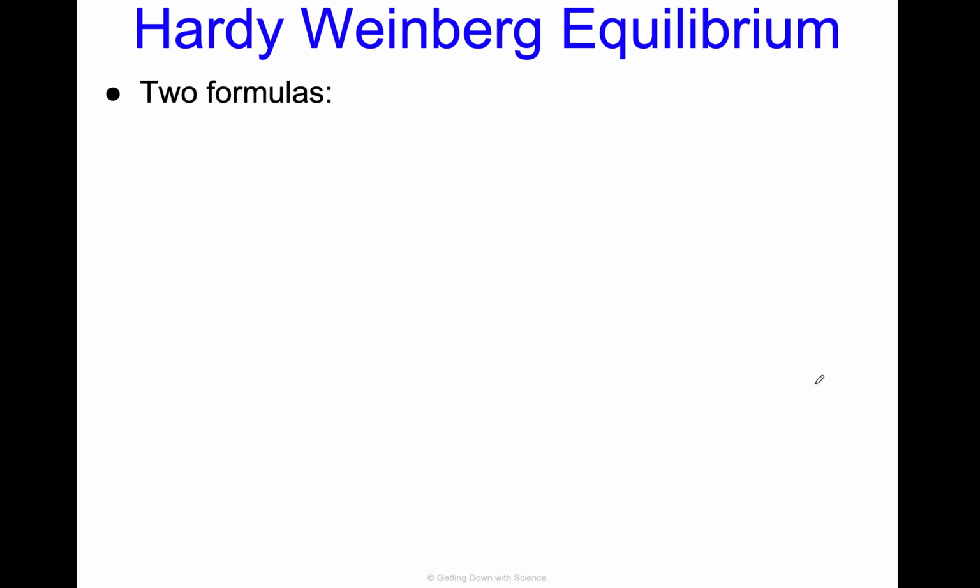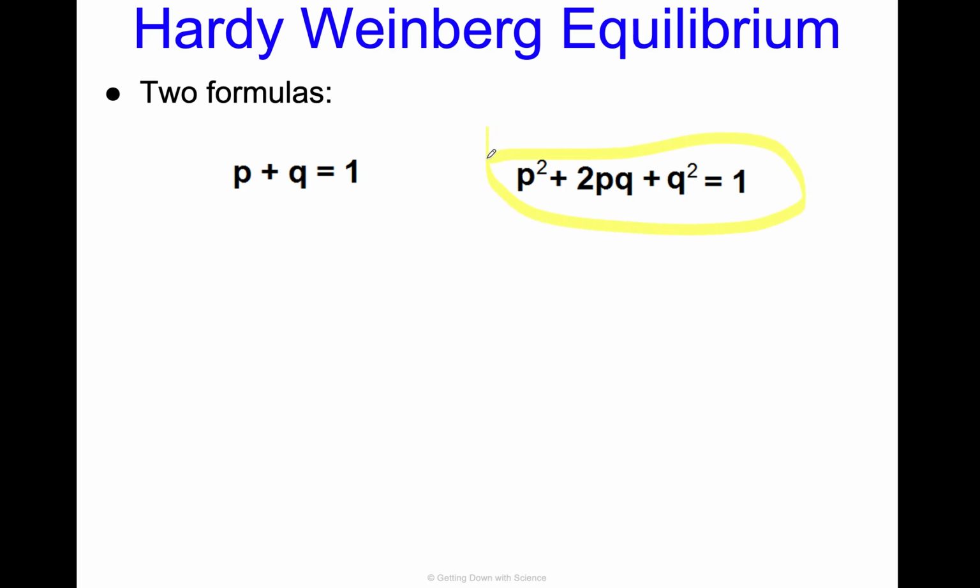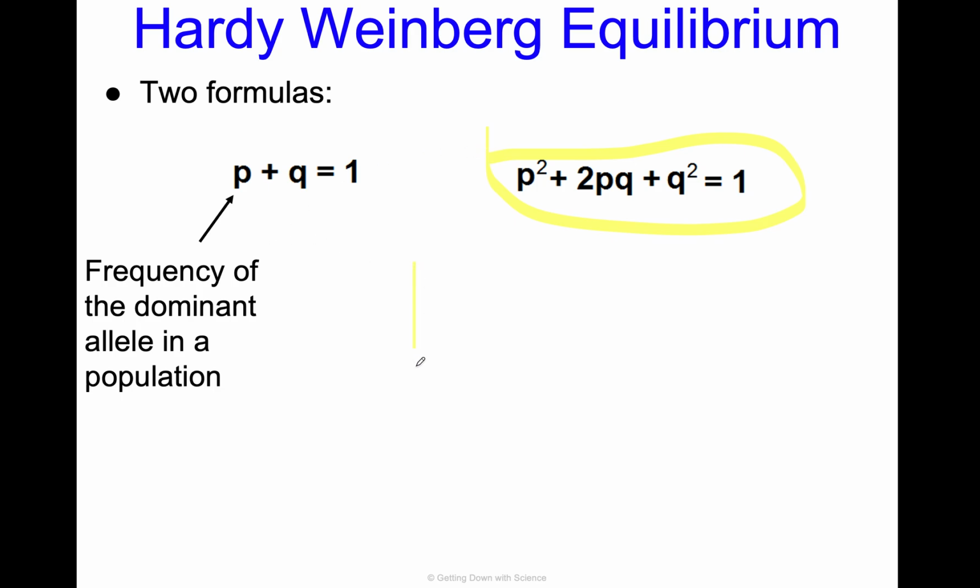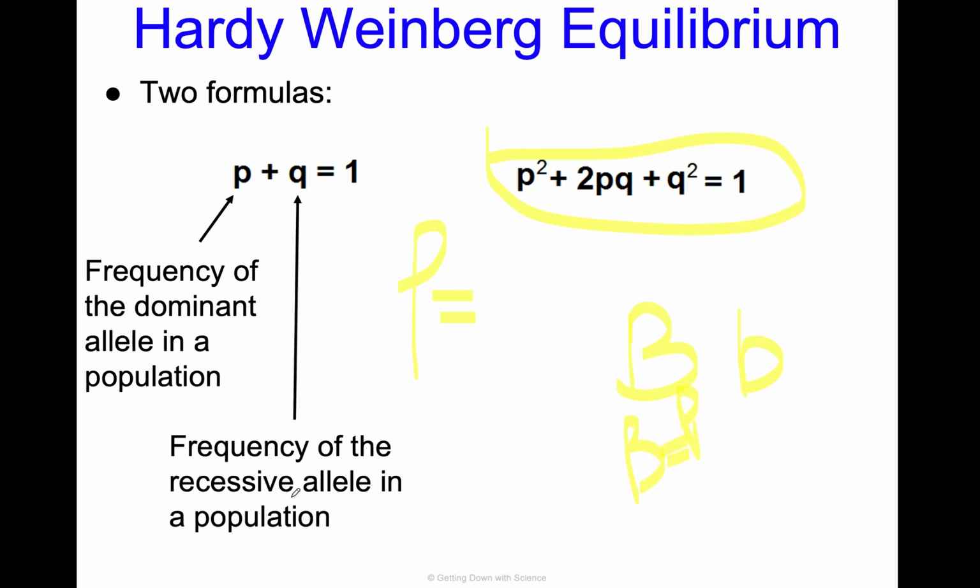So, math, 2 formulas. This one's an easy one. P plus Q equals 1. Here's the more complex one. P squared plus 2PQ plus Q squared equals 1. P is going to be the frequency of the dominant allele in the population. Remember back to when we were looking at gene pools. So big B, little b. Big B is P, little b is Q. It's the frequency of the recessive allele.